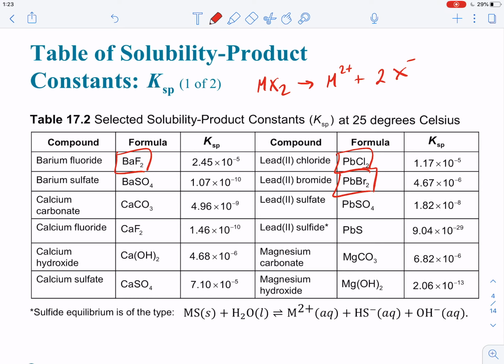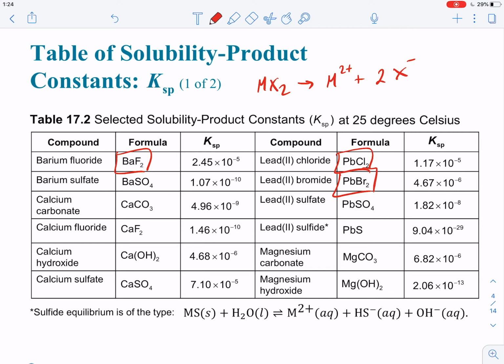That's pretty much all there is to it. So that dissolution process for each one of those salts is the same. The stoichiometry is exactly the same. Well, for those, you can compare those values of Ksp directly.